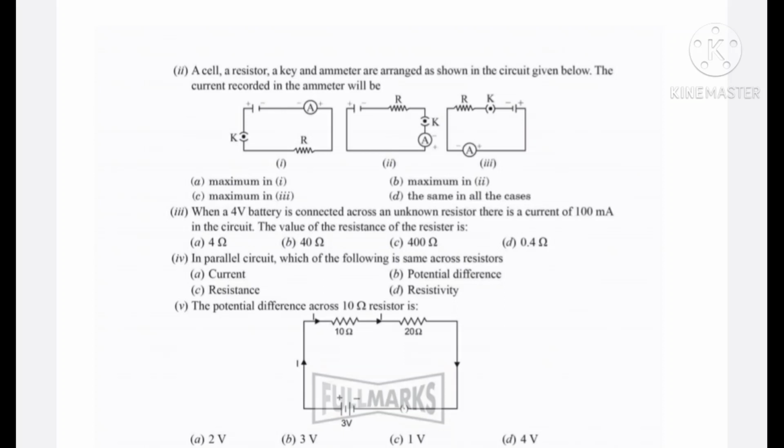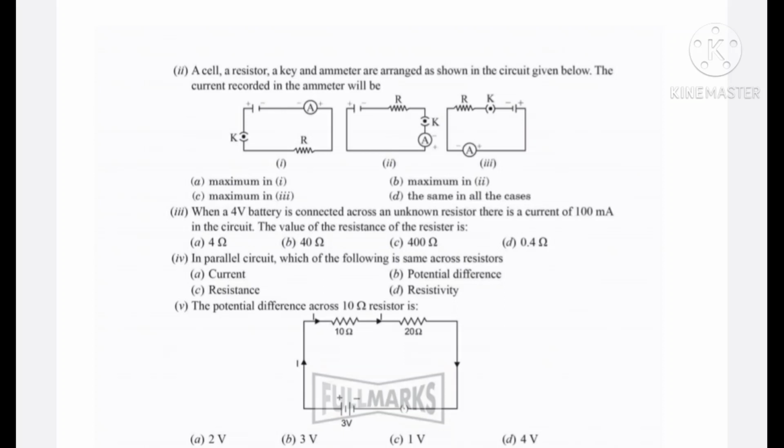Then, when a 4-volt battery is connected across an unknown resistor, there is a current of 100 milliamperes in the circuit. The value of the resistance of the resistor is dash. Okay, voltage and current are given, so you can find the resistance. In a parallel circuit, which of the following is the same across the resistors?